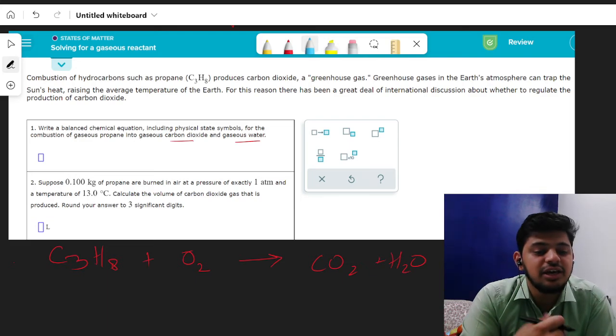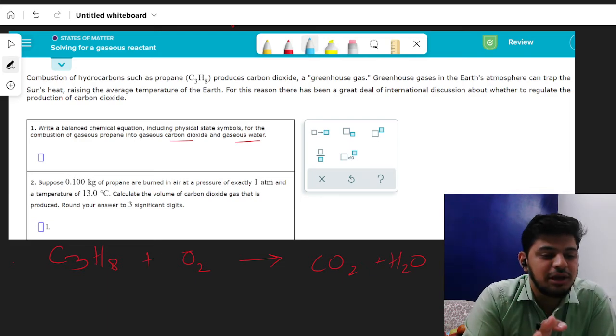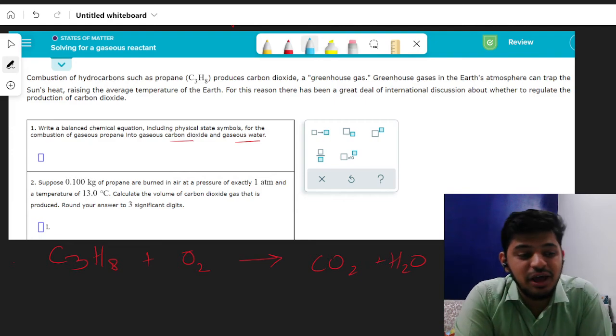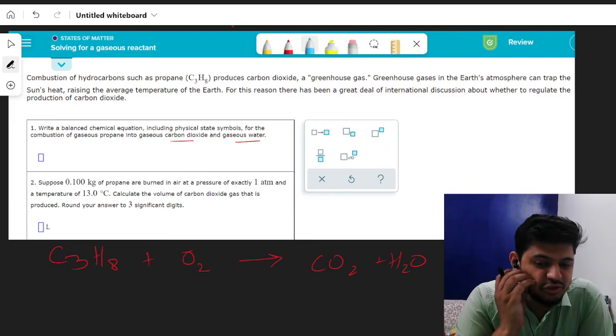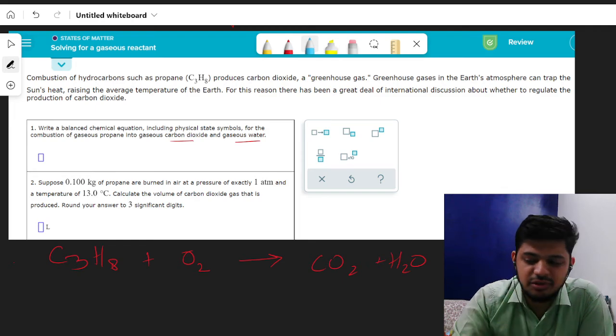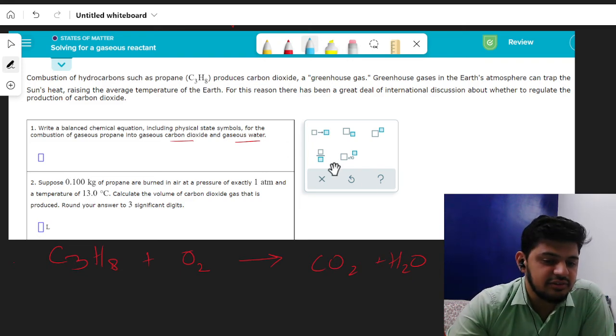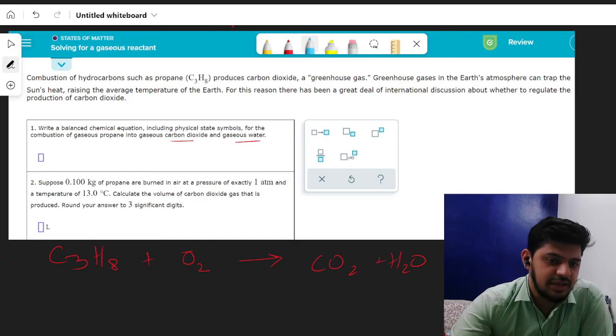Don't worry, inshallah, you will be able to do them. It's my bet, you will be able to do every question regarding that. So don't worry. I know the Alex question is very different from the final one, but most of them are like them. So tell me, C3H8, what was the first step to solve these types of questions?